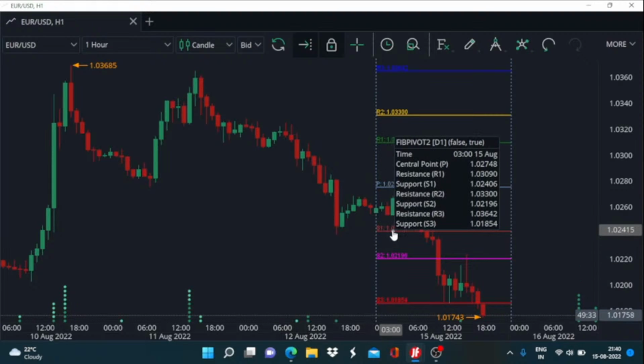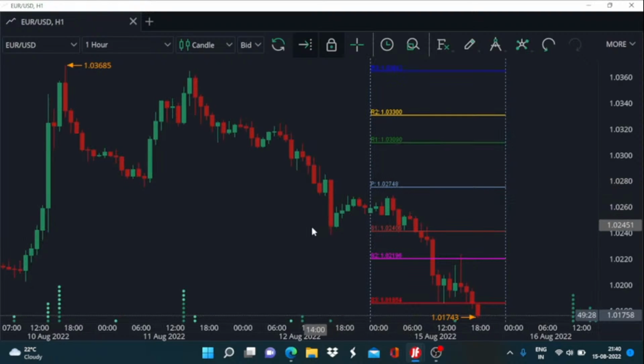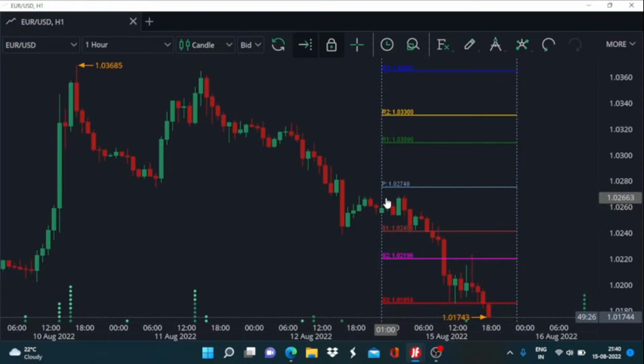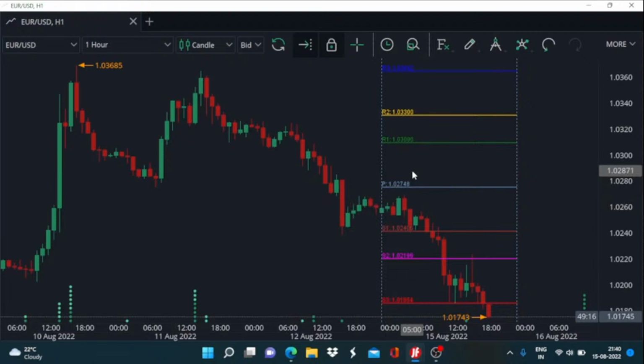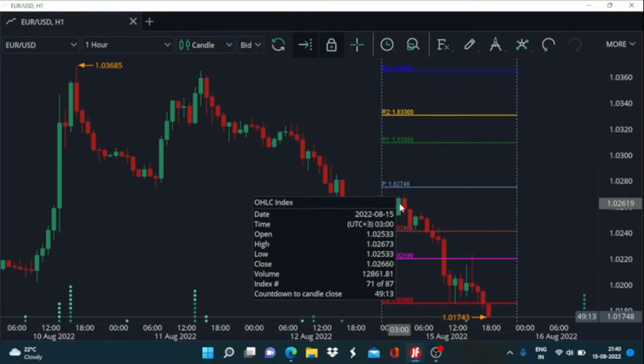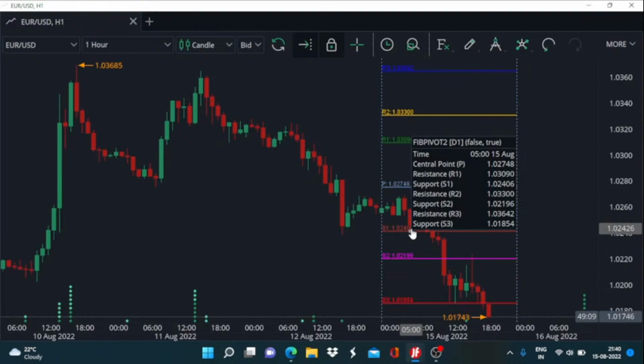And if we consider this central point, and if we simply take the example of today's price movement, you can see that the day started for the Euro USD below this pivot point, the central point, which was around 1.02748, and it never crossed above that, and the whole day it has traded in a bearish momentum with some support first coming in around the first support level.